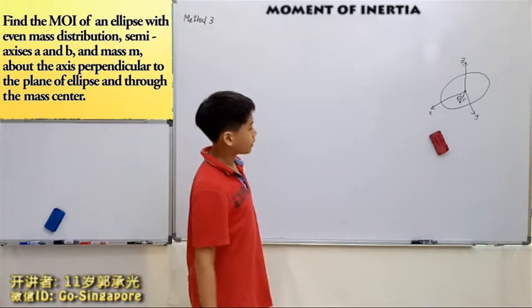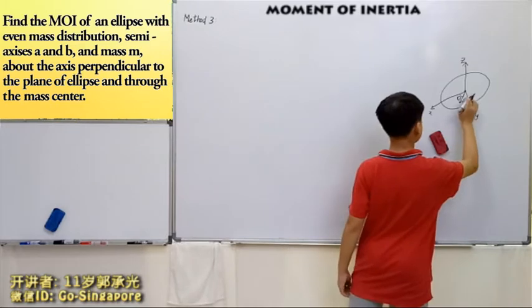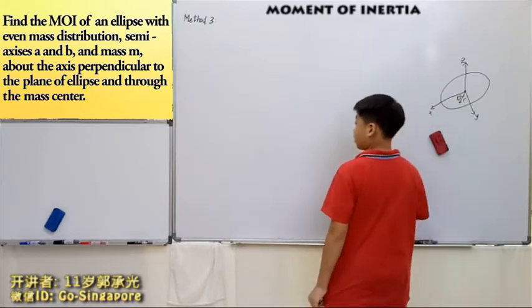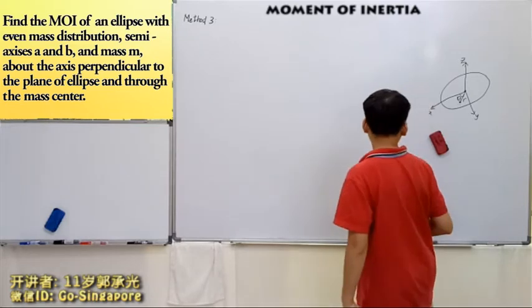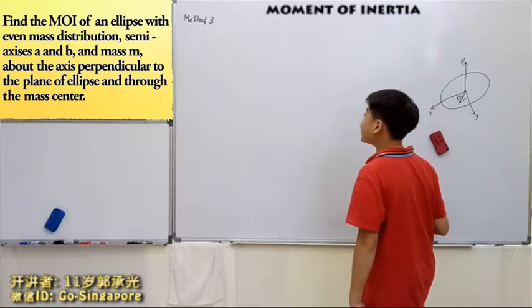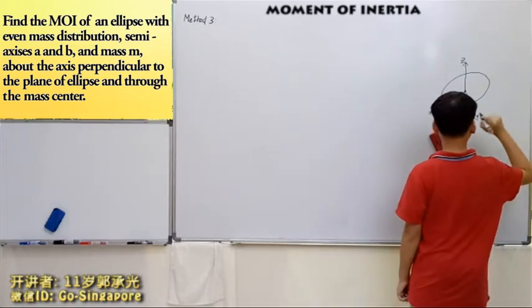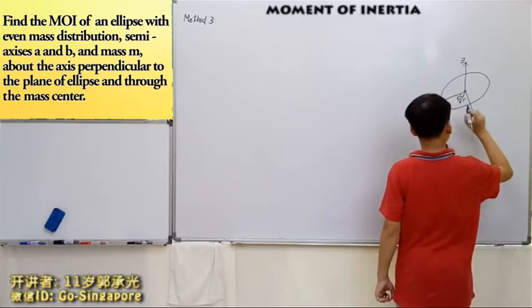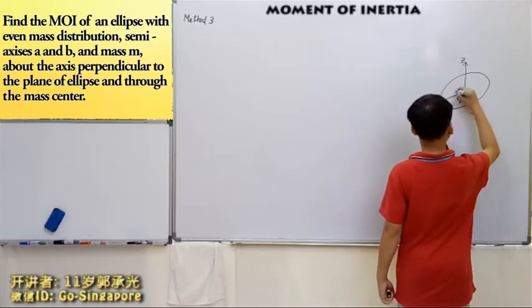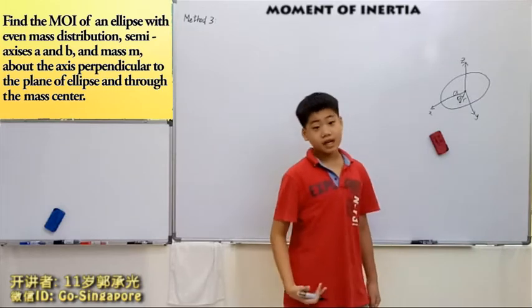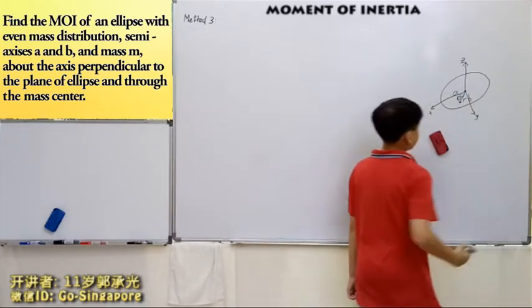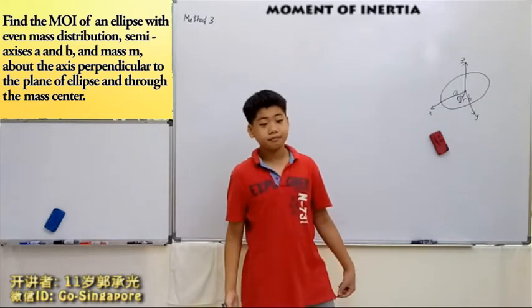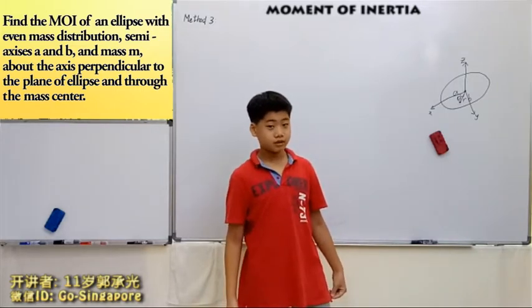For polar coordinates, we have this R, we also have this theta. But they didn't tell us the semi-axes. Where is A? Where is B? Maybe I want to put A on X, then B on Y. Like this.